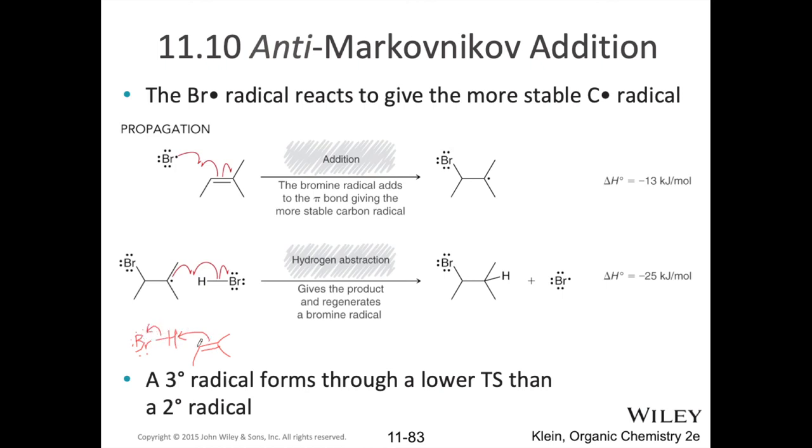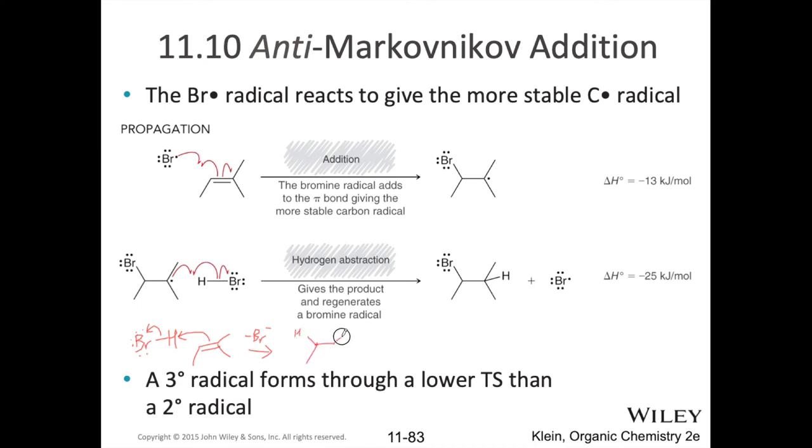Now, which of these two carbons is going to get the hydrogen? In the same way that this less substituted carbon picks up the bromine to make this tertiary radical, this alkene causes this less substituted carbon to pick up the hydrogen to make a tertiary carbocation. So we lose a bromide ion in the process, and we are left with this hydrogen added on here.